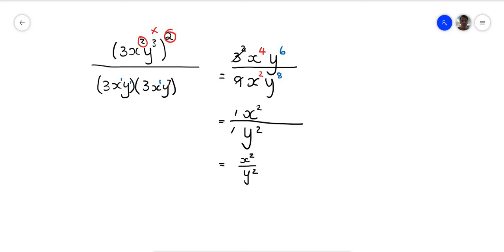Now let's look at the last one you asked me about. Here we go. The whole expression is in brackets, and this whole thing is raised to the power of 2.